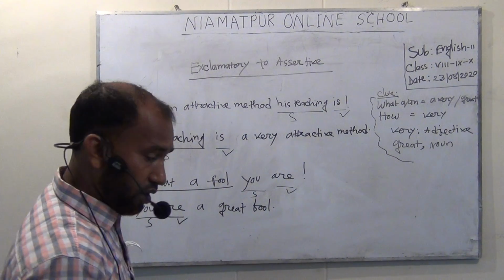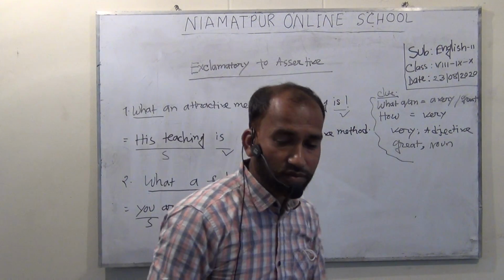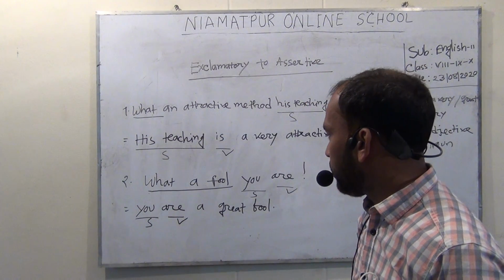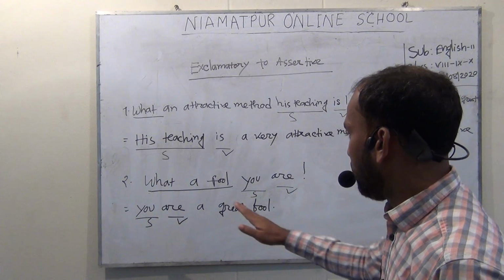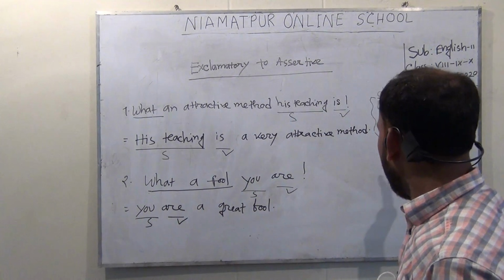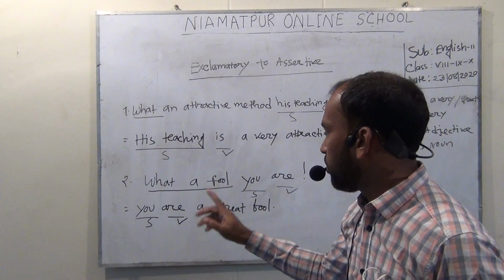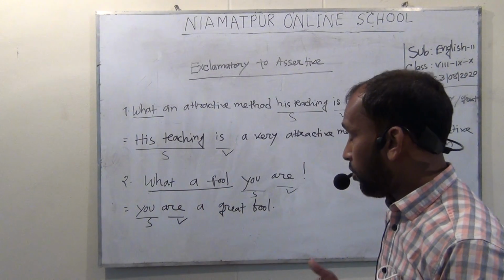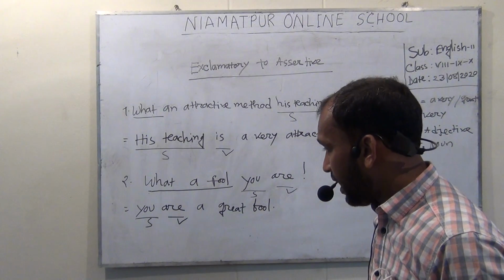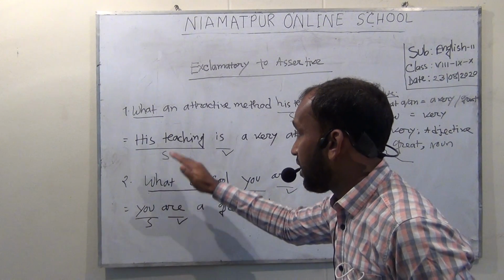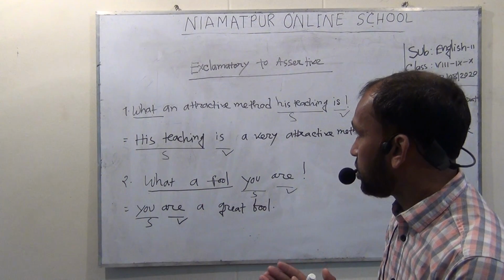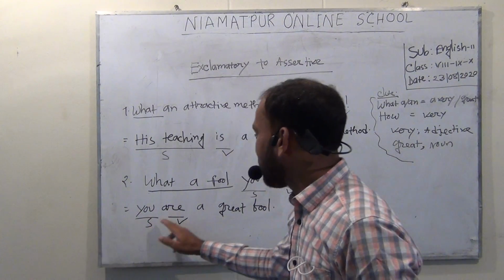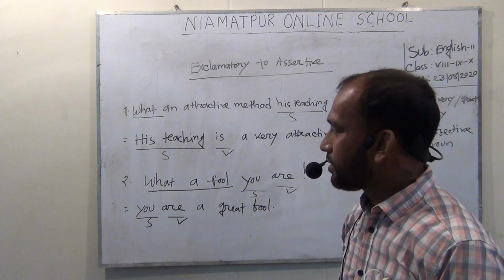Dear students, you also notice that what is used to make an exclamatory sentence, and a great or a very is used to make an assertive sentence. And you have already noticed that what and how are at the beginning to make an exclamatory sentence, and subject and verb at the end of the sentence.